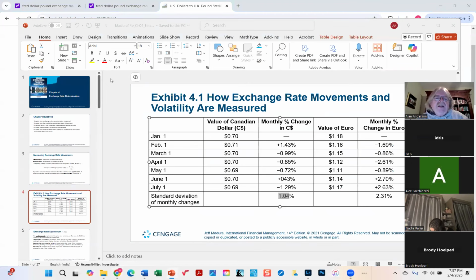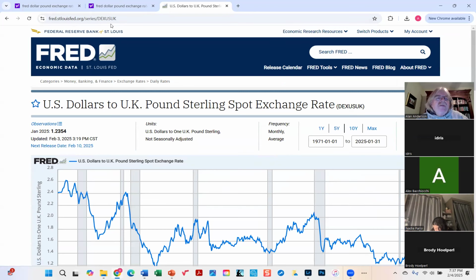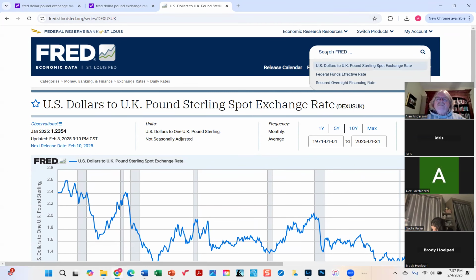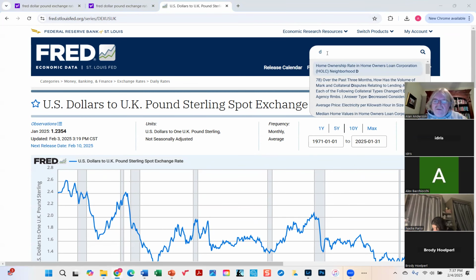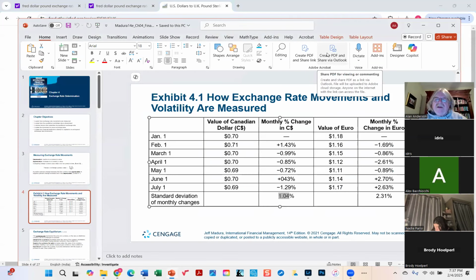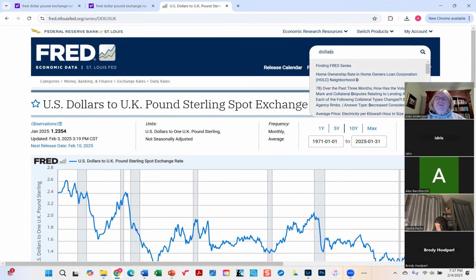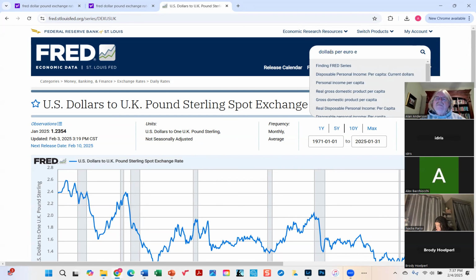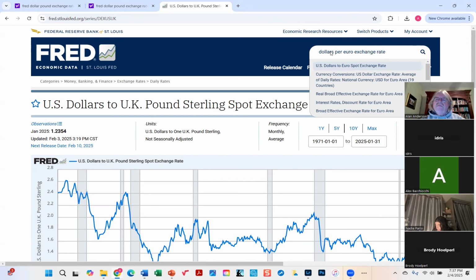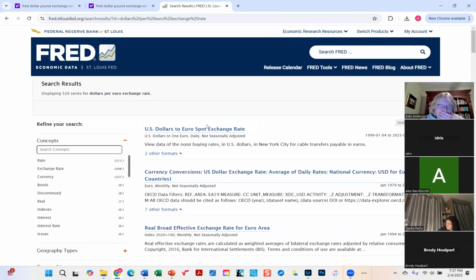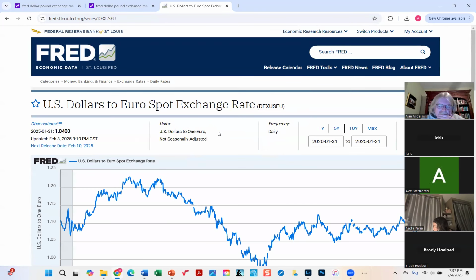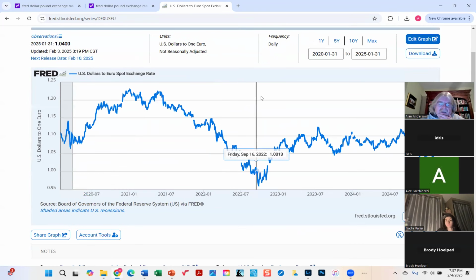How about see if Fred has dollars per pound? Wait a minute. No, of course it has dollars per pound. How about dollars per euro? Okay, now it's being stubborn. Yeah, it does seem to be bouncing around quite a bit.